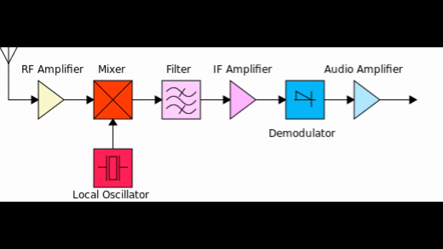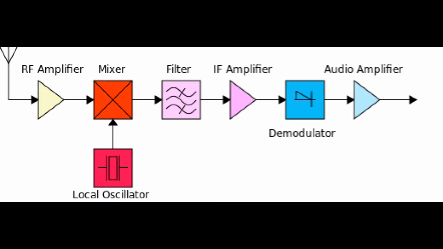As we can see, after the antenna, the signal is fed to the RF amplifier, which amplifies it, since after it is transmitted, it loses a lot of power. It is then fed to the mixer, where basically what a mixer does is add and subtract the frequencies between the RF amplifier and the local oscillator.